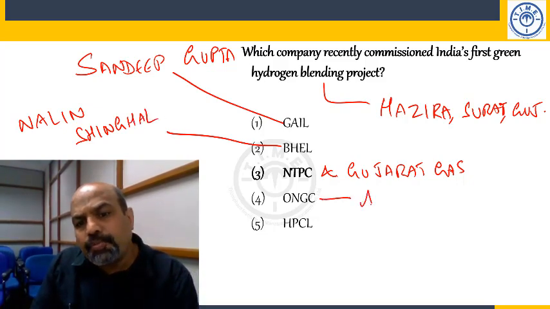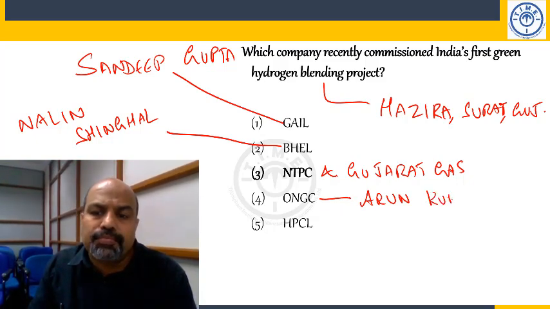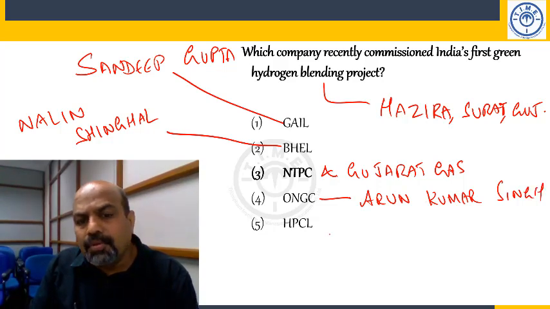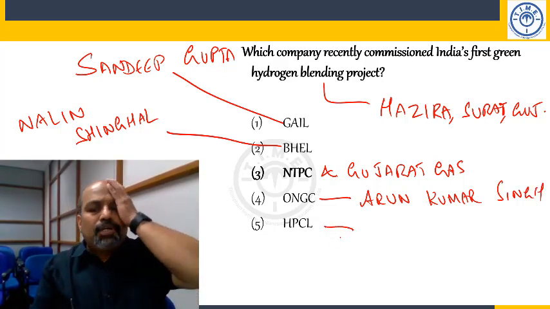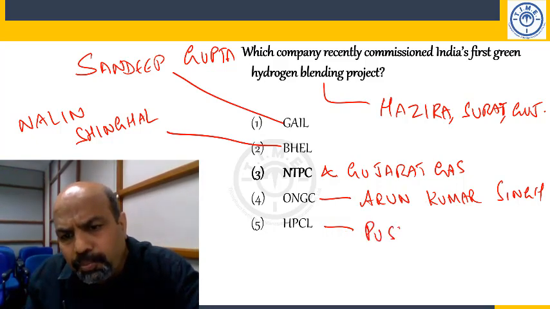ONGC, Oil and Natural Gas Corporation, headed by Arun Kumar Singh. HPCL, Hindustan Petroleum Corporation Limited, is headed by Pushpakumar Joshi.